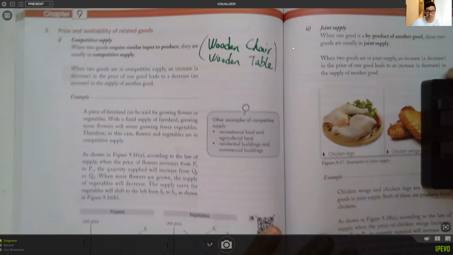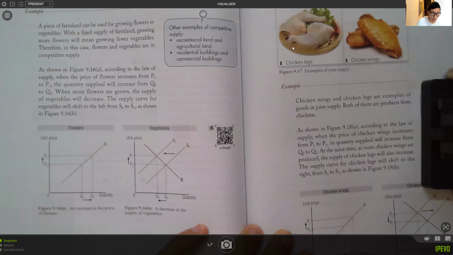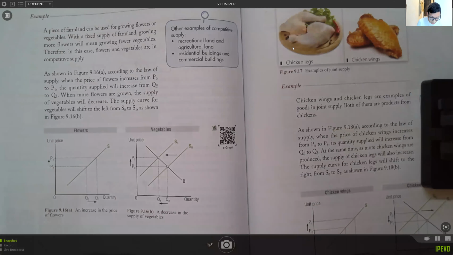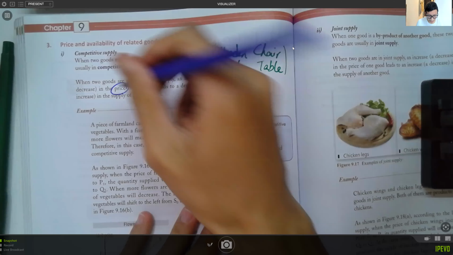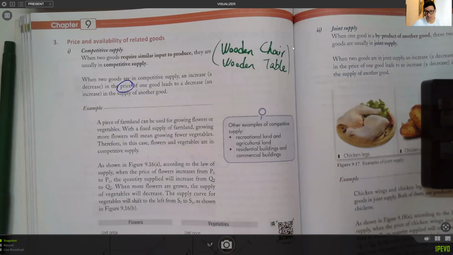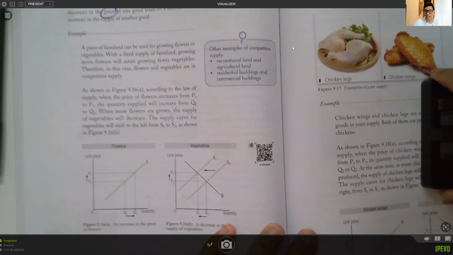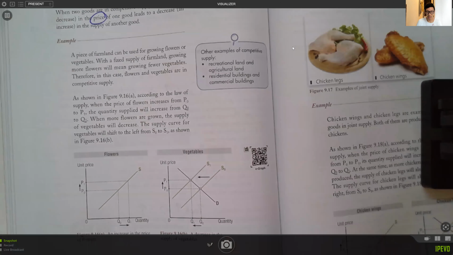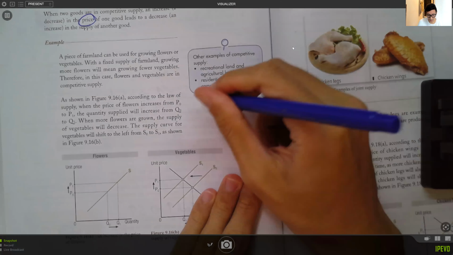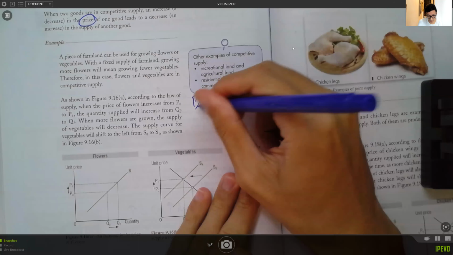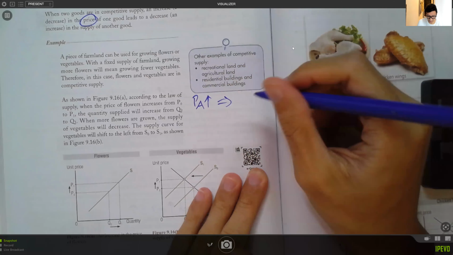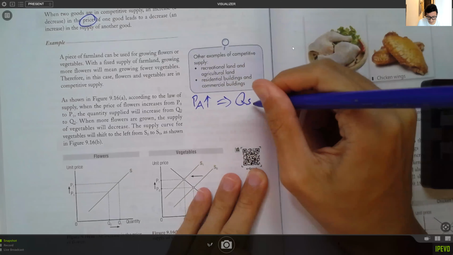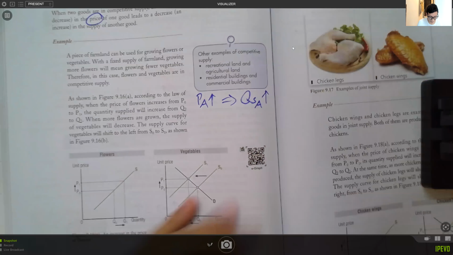嗱，the same idea 都係嗰句啦。本書咧，the textbook uses price. Again, this is a very dangerous proposition. Let's write down the logic. 而家你應該識㗎啦。Now, when the price of A increases, by the law of supply, the quantity supplied of A would increase.